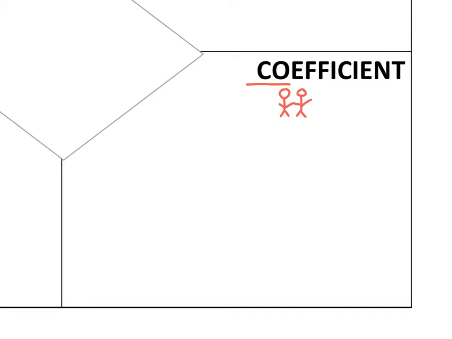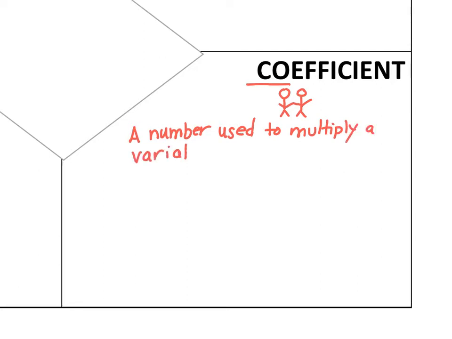And so in this case, our definition for coefficient is a number used to multiply a variable. And I'll show you what that means in just a minute. So in this case, we're talking about multiplication. Now let me show you an example.